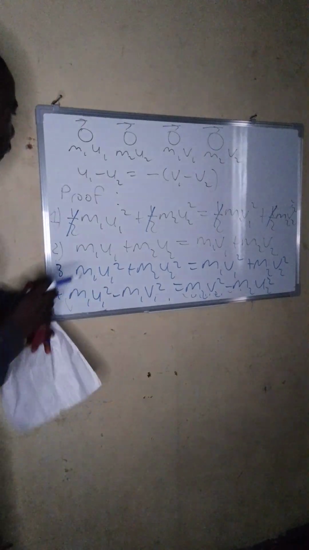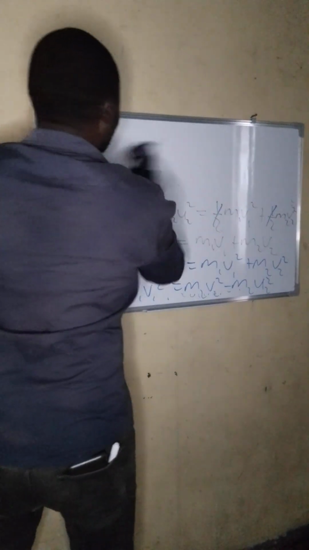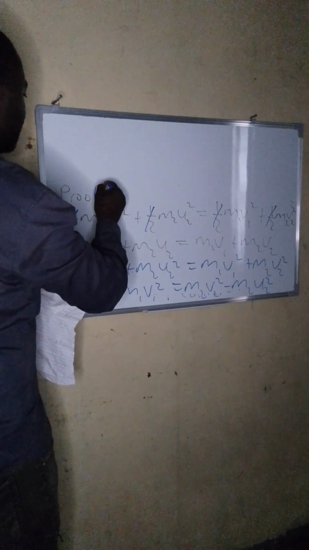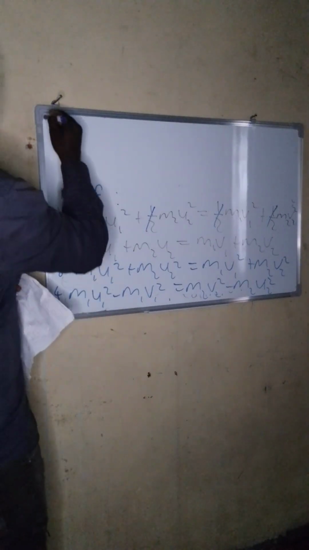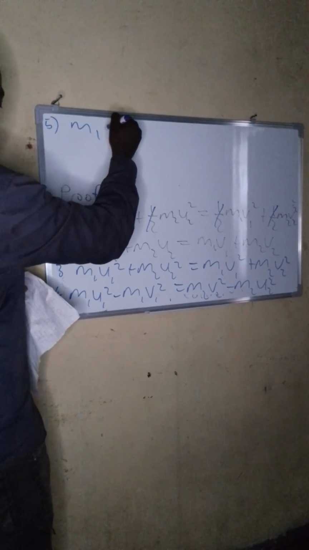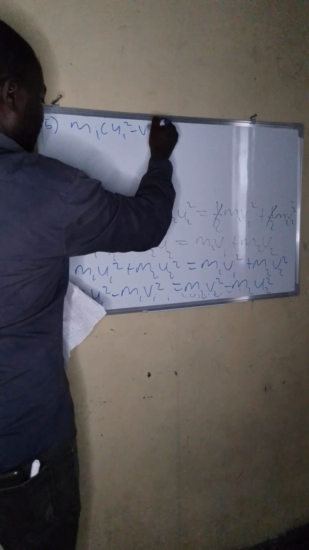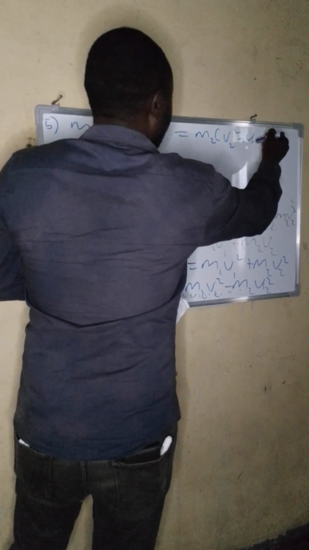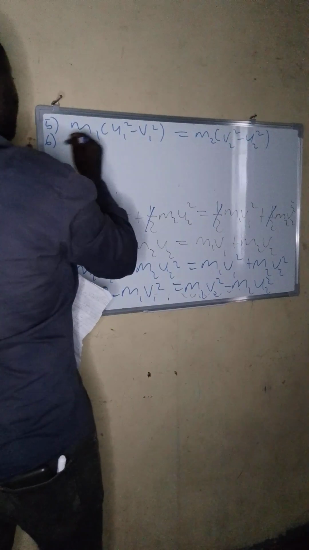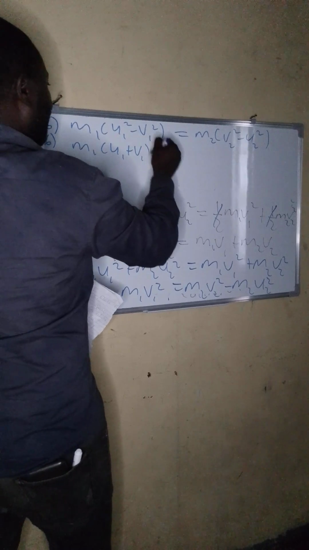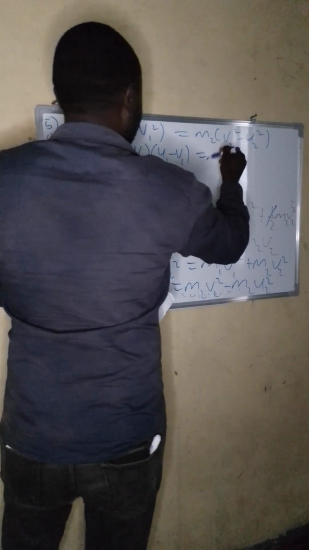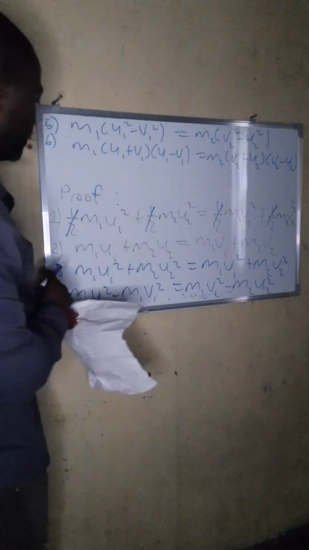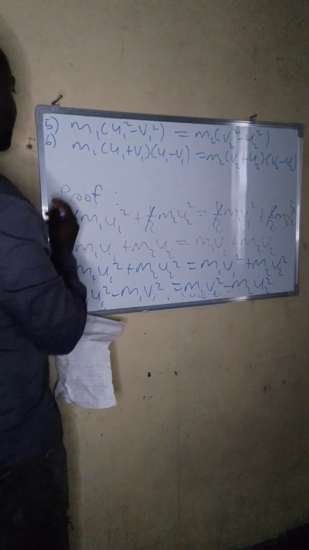After factorising, this is equation 6: m1 (u1 plus v1)(u1 minus v1) is equal to m2 (v2 plus u2)(v2 minus u2).